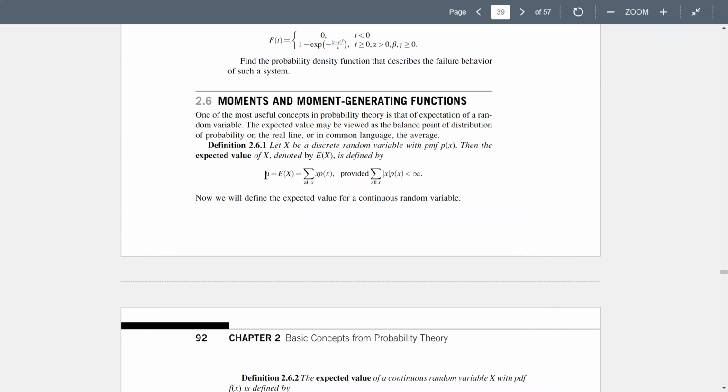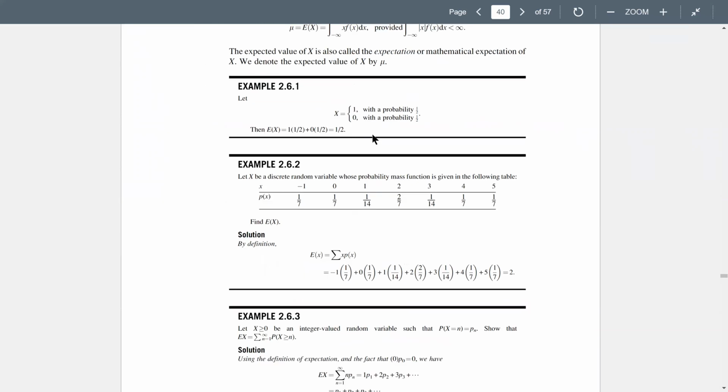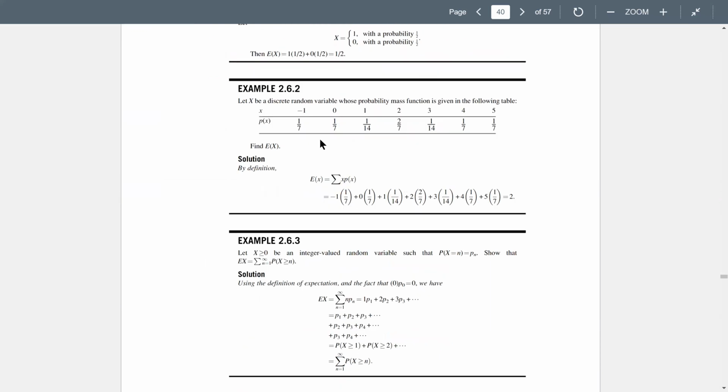Okay, and here you see that in order to calculate the expected value, you just take the sum of all the products of value with its probability. If in the table in the previous example, for example, take this example 2.6.2, how do you get the expected value?